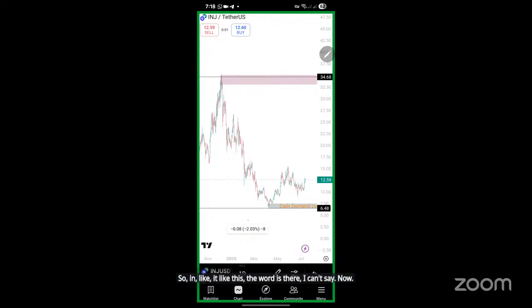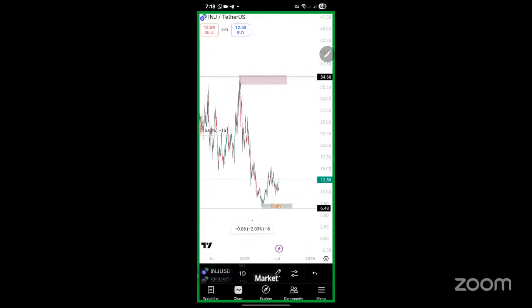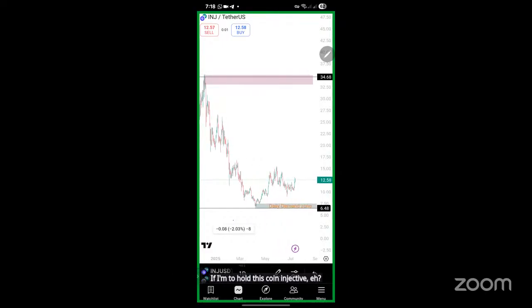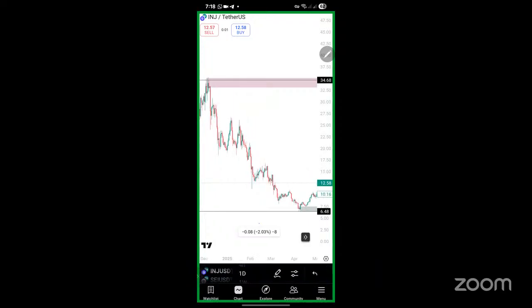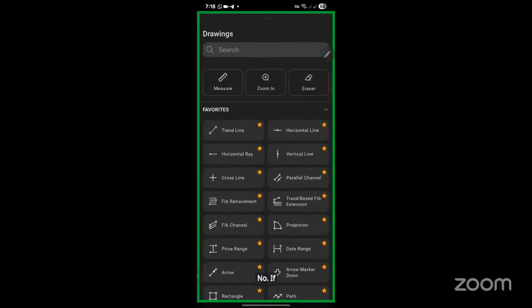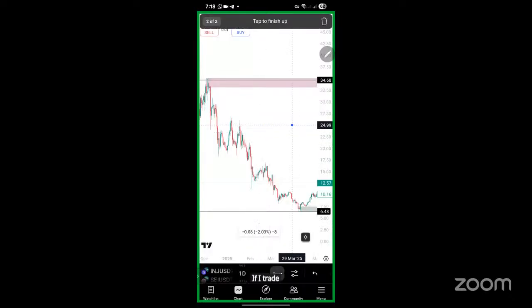Now, market moved from up to down. If I'm to hold this coin, Injective, there are more chances of me making a profit. How? Now, if I'm to trade this coin, I will come here.